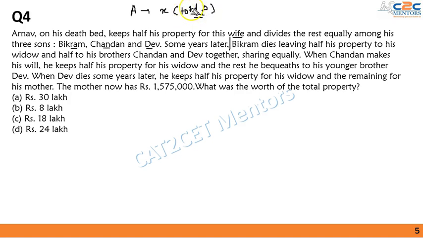Okay. Now we are given that he divides half of his property to the wife. So A's wife gets X by 2, while let me make a table, it will be more easier.